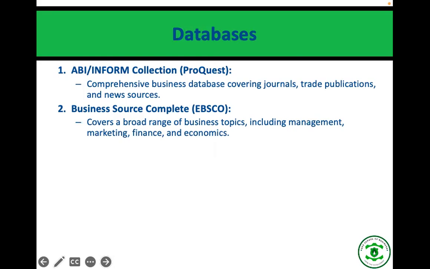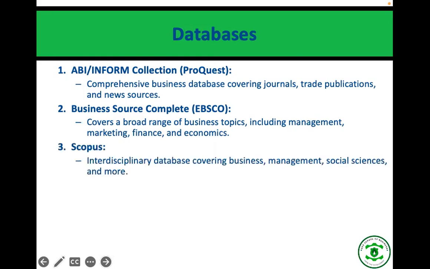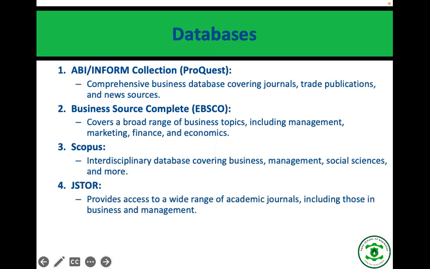Then we also have Business Source Complete, hosted by EBSCO. Then we also have Scopus. All of this in business, we can use them. Don't write it. I'll share the slides after the lecture. These are just a list of names of databases you can use.